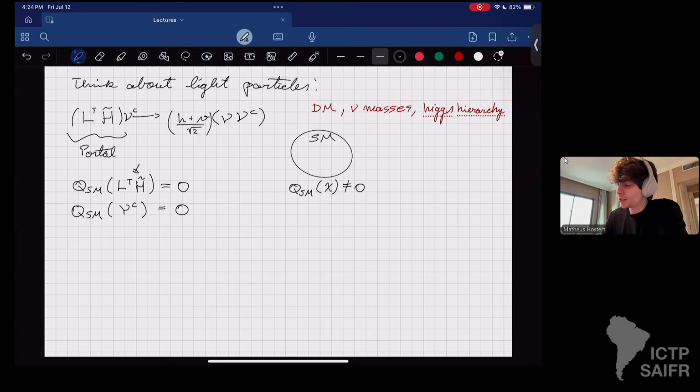So what you want to do instead, and this is something you saw in Nicolas and Graciella's talks, is you want to add some new sector, in this case, some dark sector. The idea being that every particle inside of this dark sector has zero charge under all of the standard model forces and symmetries.